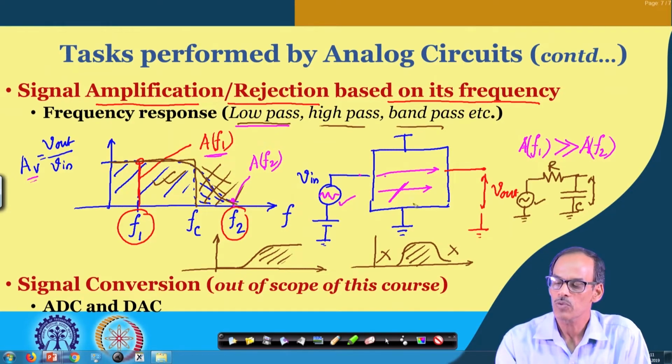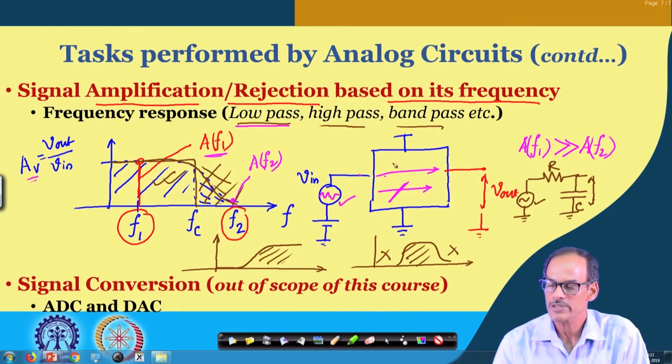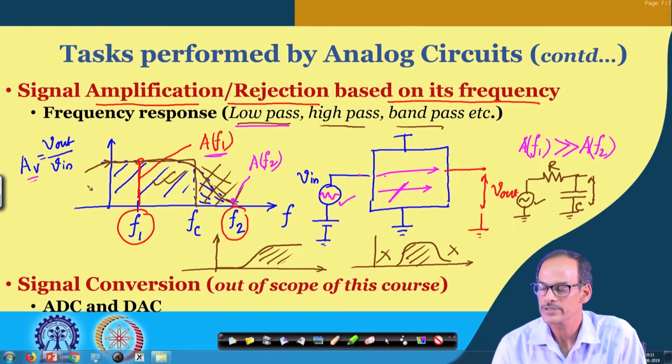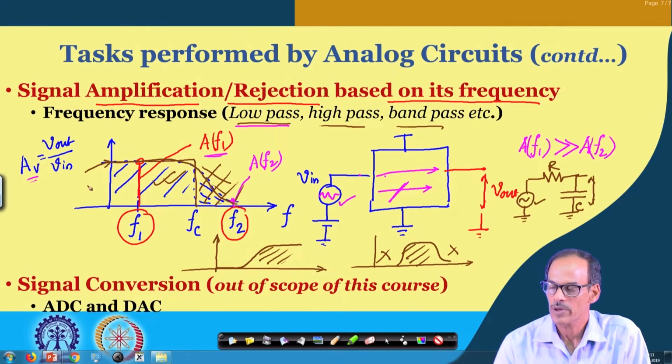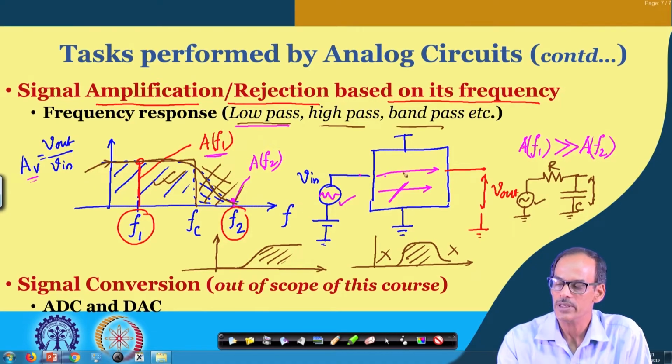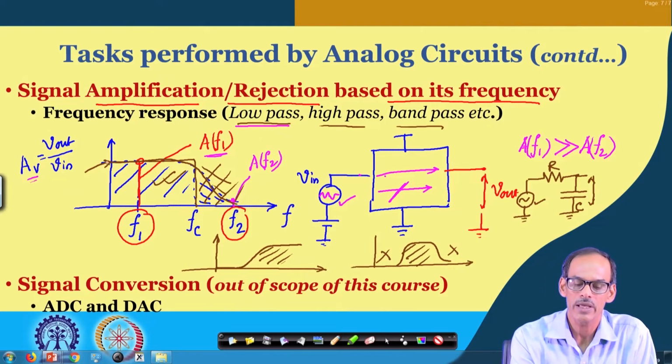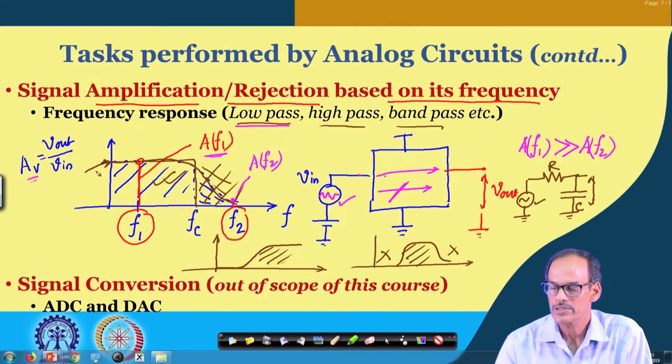Then you may ask what the task of the analog circuit is. If it is an RC circuit, the low frequency gain here is theoretically less than 1, it may be very close to 1. But if you use an analog circuit in combination with this RC circuit, then you can make this gain much higher than 1.